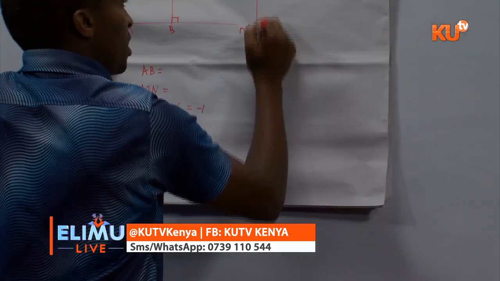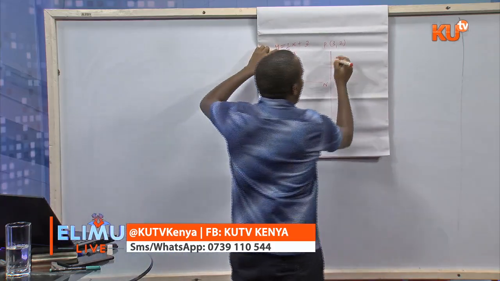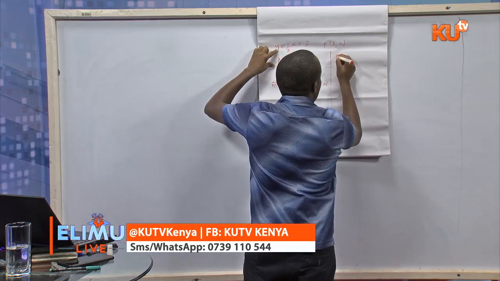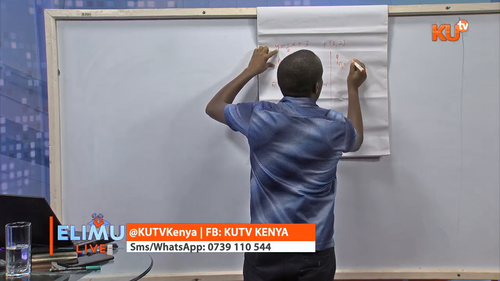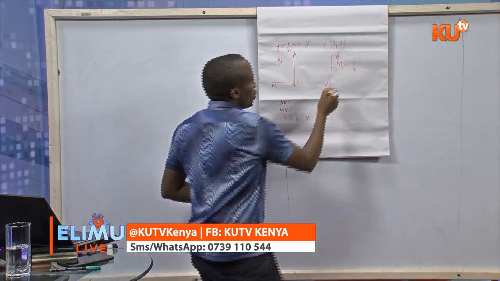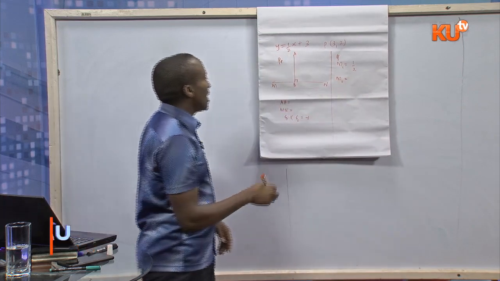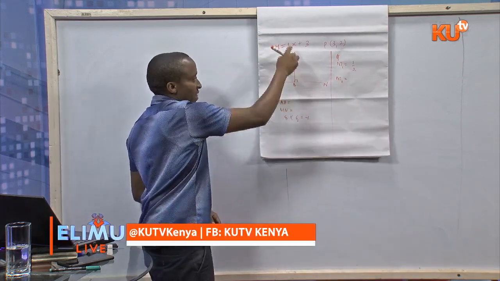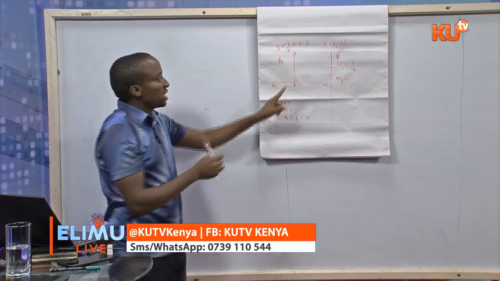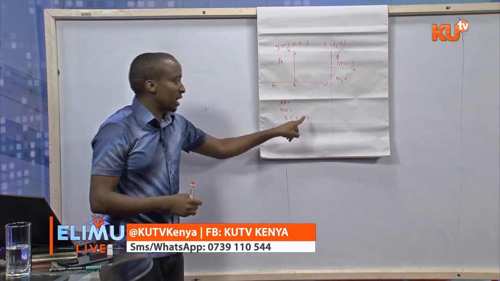So the gradient for line 1, M1, is equal to a half. But M2 we don't know. But you know the concept that the gradients of two lines that meet at 90 degrees at any given point have a product equal to -1.